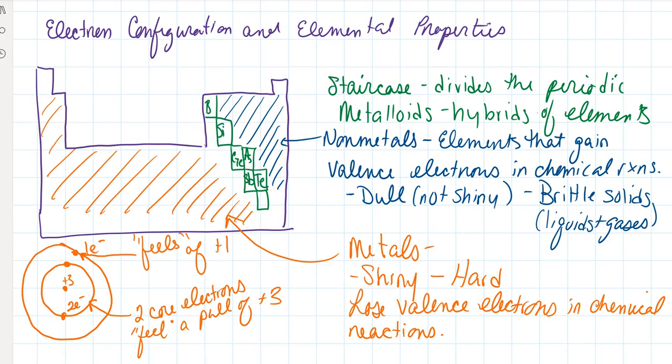And the metalloids in the middle, well, they're a hybrid. Sometimes they lose valence electrons, sometimes they gain valence electrons in chemical reactions. It depends on what we pair with them. We'll also see that metals will conduct electricity, so we call them conductors, whereas our nonmetals are considered insulators because they don't conduct heat and electricity well.